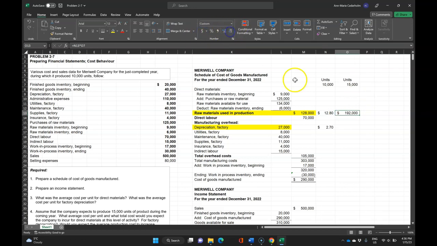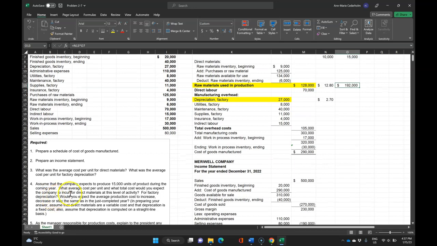So again, the variable cost changes off of the volume. So at 10,000, my total production was 128, and at 15,000, the total production is 192. So in this instance, I took 10,000 times 12.80 to get that number. And then at 15,000, I took 15,000 times 12.80 to get that number. So if you sell more units, you're going to have an increase in your raw materials produced.